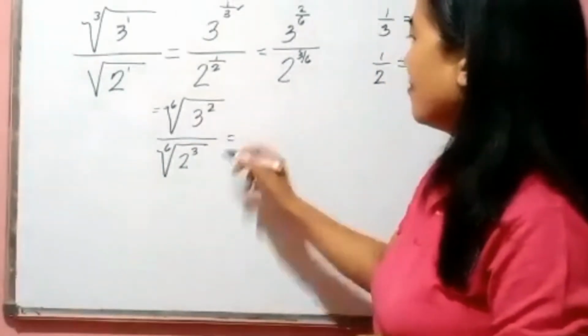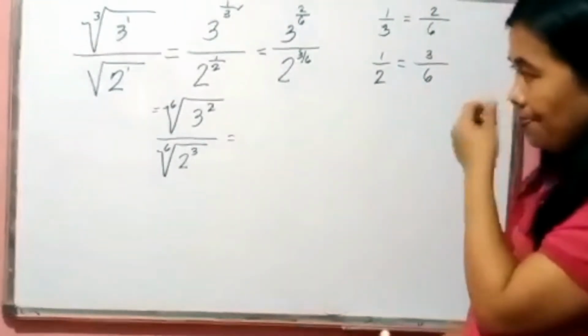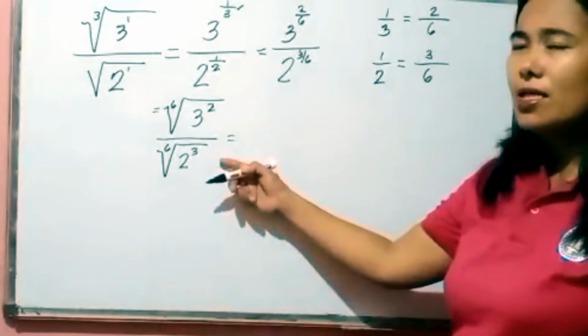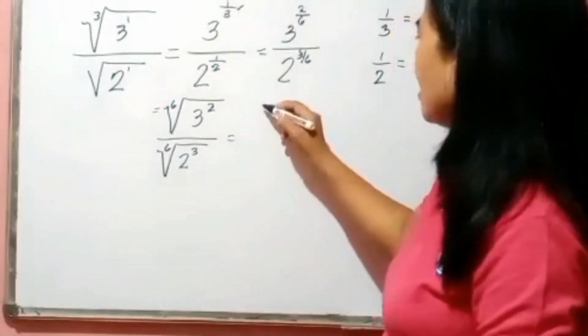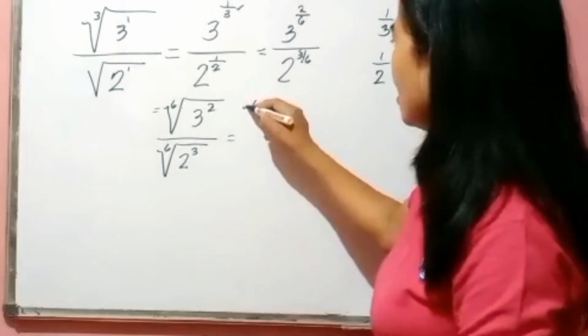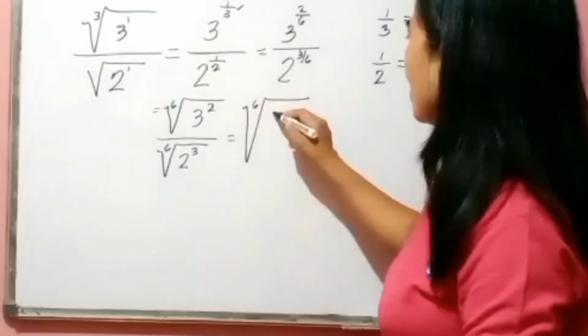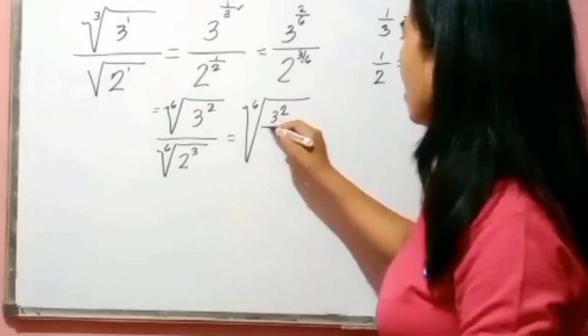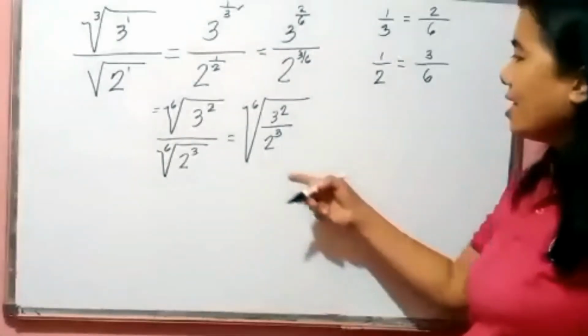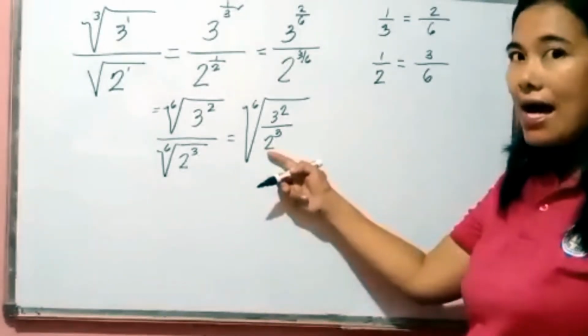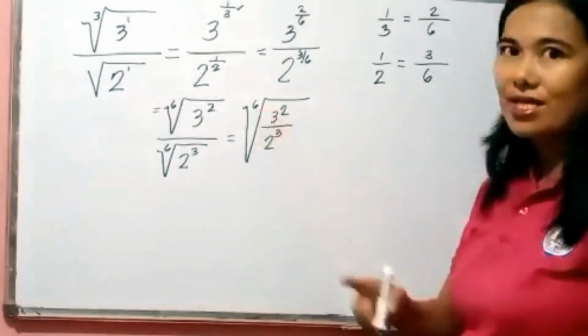Ngayon, evaluate mo si 2 cube. Pwede mo na siyang, wag mo na lang i-evaluate. Pwede mo na i-diretso. Diretso na natin ito. Okay. 3 squared over 2 cube. Anong gagawin? Diba? Kailangan yung denominator mo has the same exponent with your index.